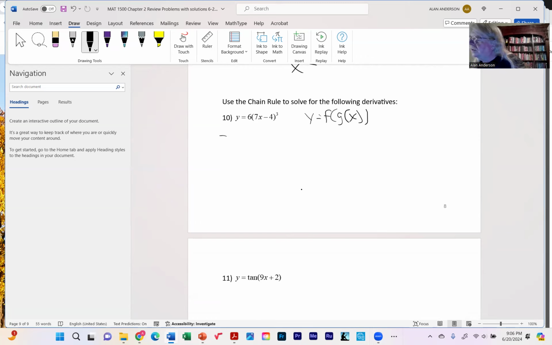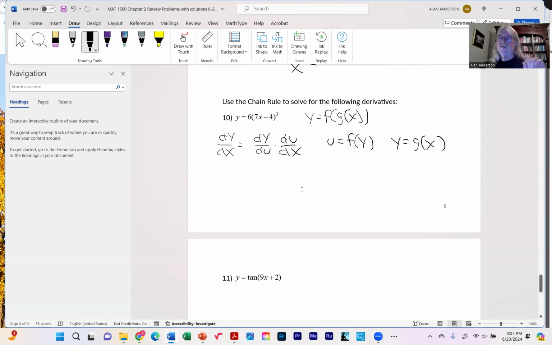And so what we're doing is saying, well, it's in the assumption that u is a function of x. Okay, so let's choose something to represent u.